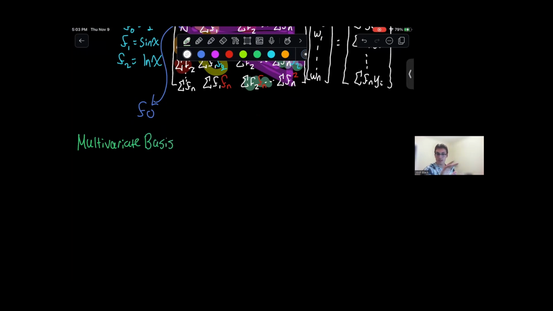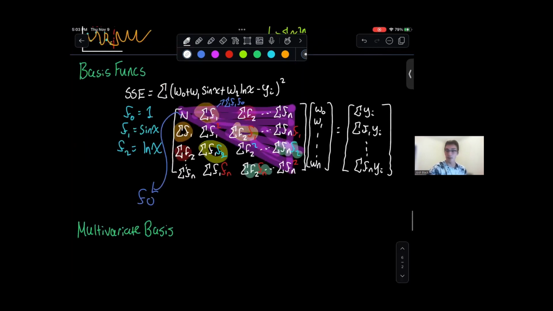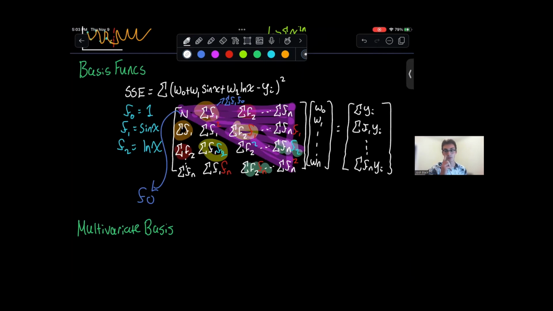Now this, trust me, isn't that bad because multivariate basis functions are actually pretty easy. Regular basis functions, we have to sum over one variable. And our functions are of one variable.